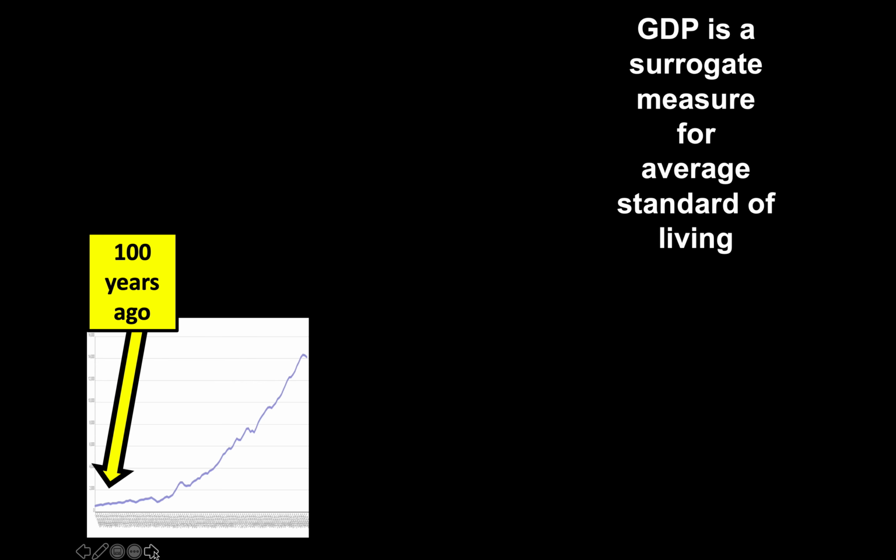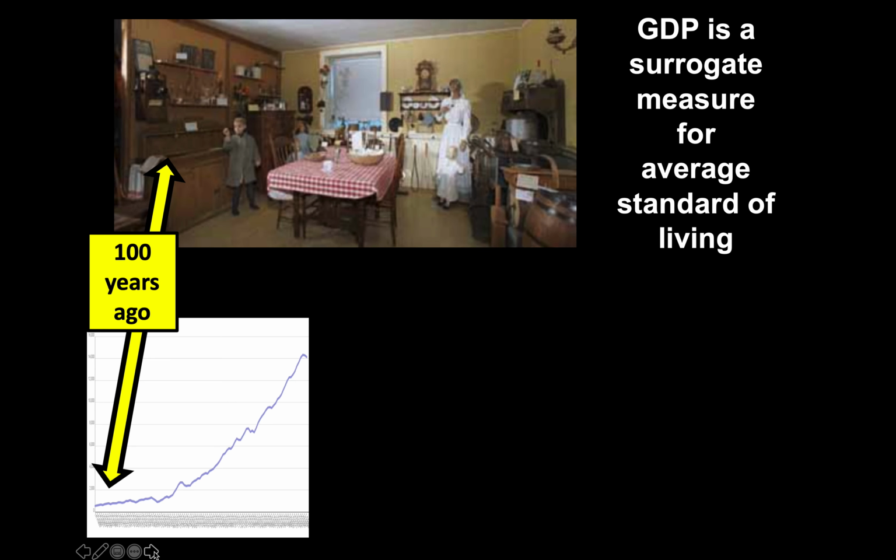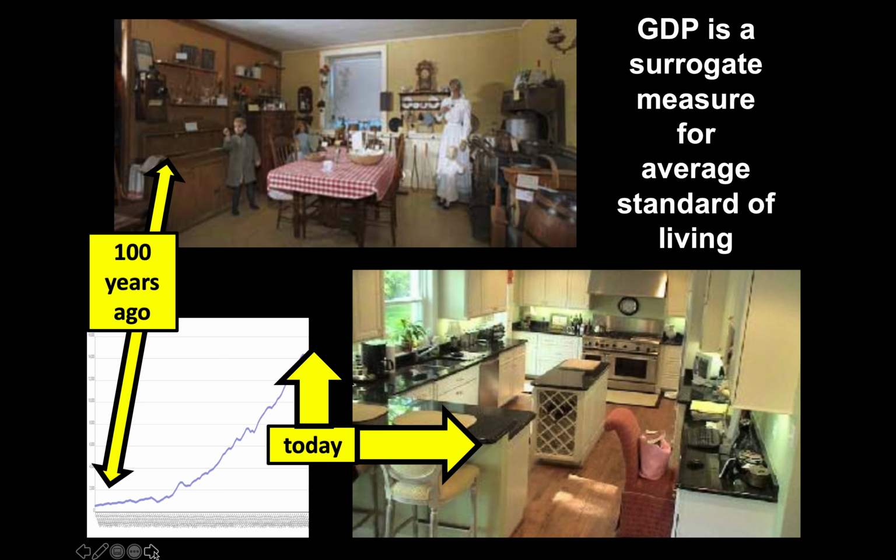Now, if we look back 100 years ago, people lived quite a bit differently than they live today. If you look at this image, you're not going to see a microwave oven. You're not going to see cell phones. Things were a lot different 100 years ago compared to the way things would be today. Much more modern. We have a lot more things than people had back then.